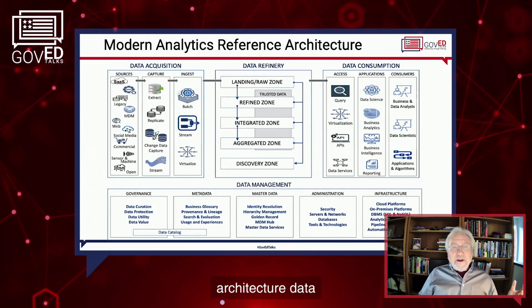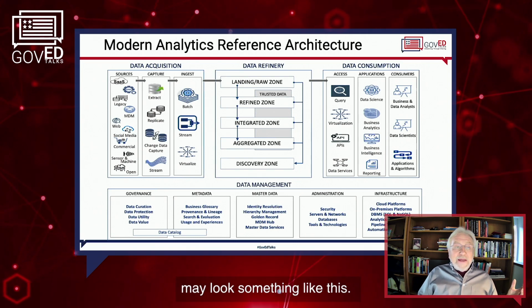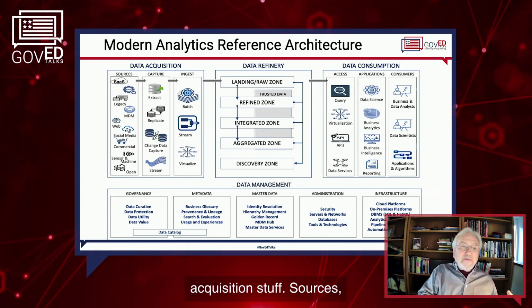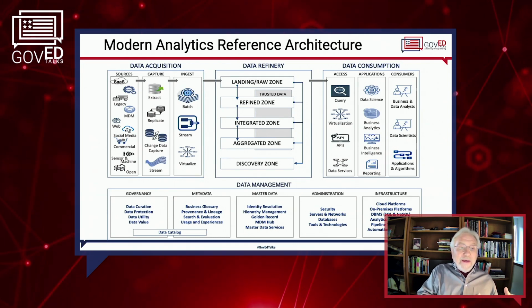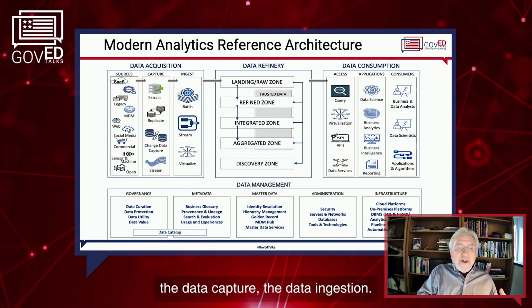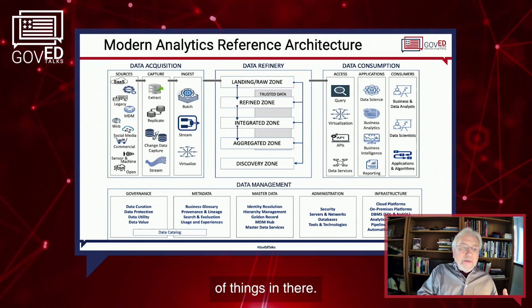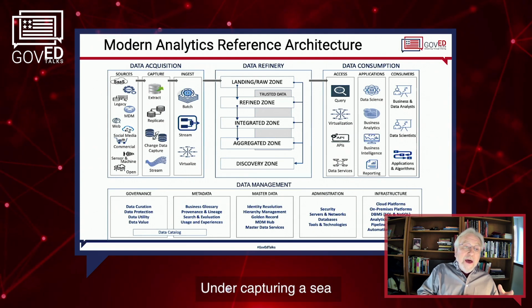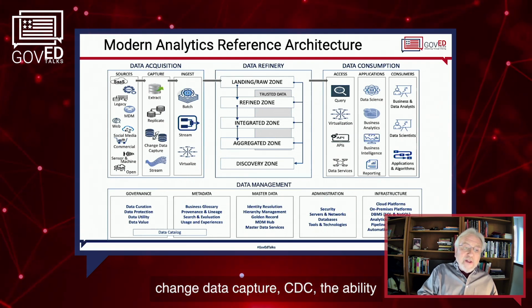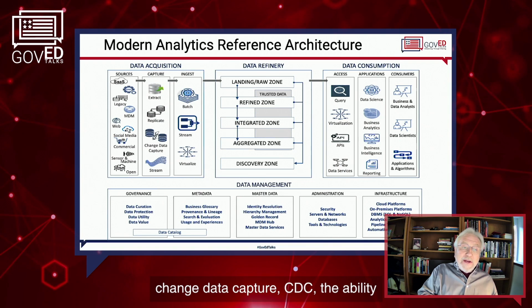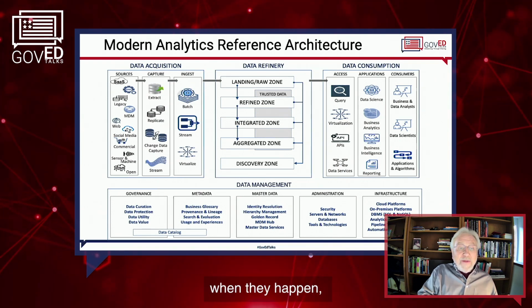So a modern analytics architecture then may look something like this. I've got all of the data acquisition stuff: sources, the data capture, the data ingestion. And let me point out a couple of things in there. Under capture, you see change data capture, CDC, the ability to recognize changes in a database when they happen.